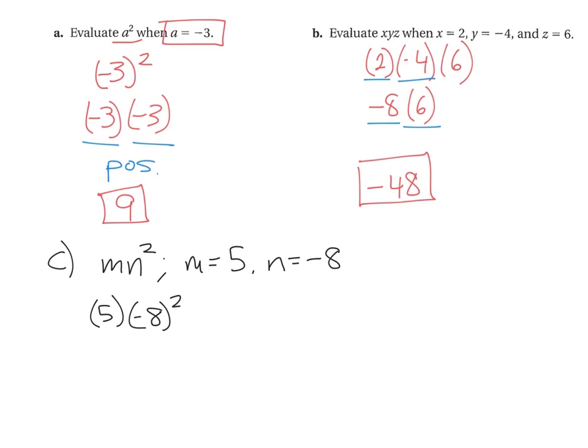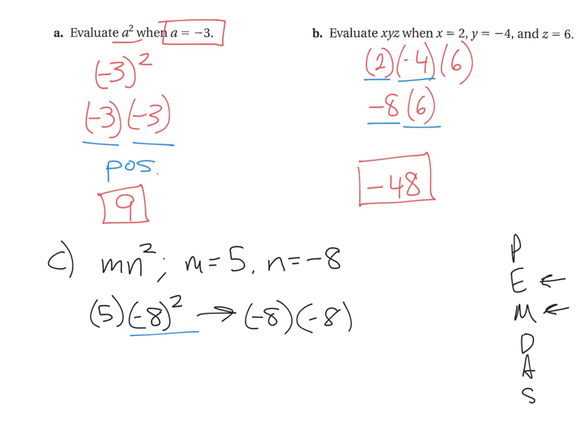Now we know from order of operations, if you remember PEMDAS, that exponents always come before multiplication. So I can take care of this exponent here. Remember, that means -8 times -8, and negative times a negative is going to give me a positive answer, and I know that 8 times 8 is 64.